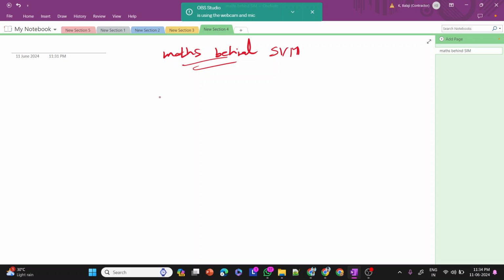Okay, in an SVM algorithm we simply take a two-dimensional vector space. The first dimension is x1 and the second dimension is x2.